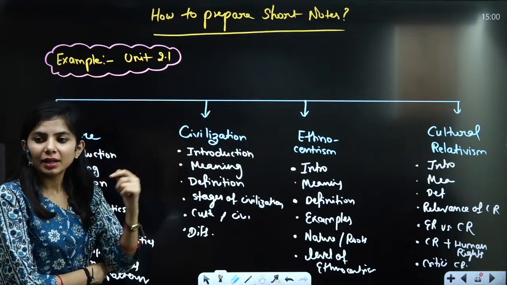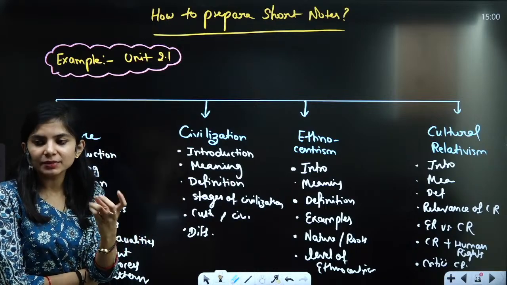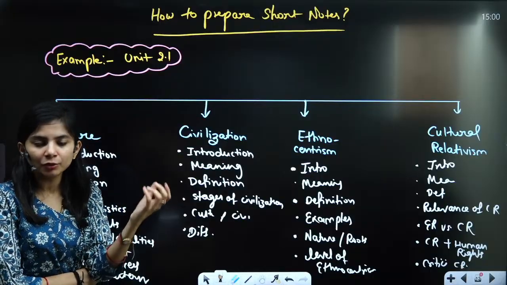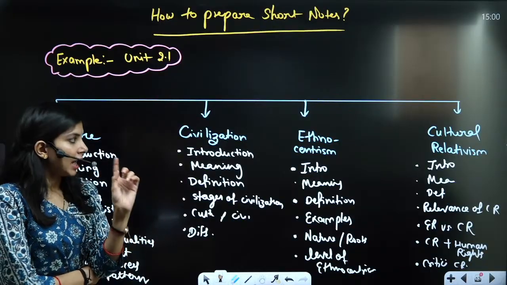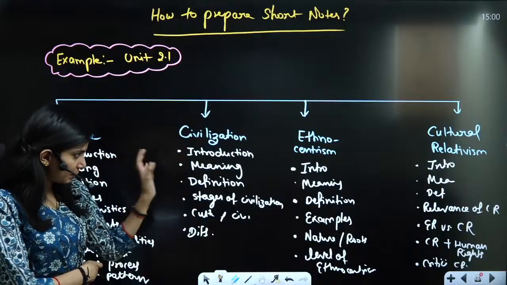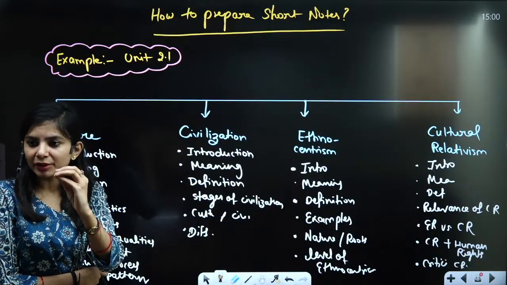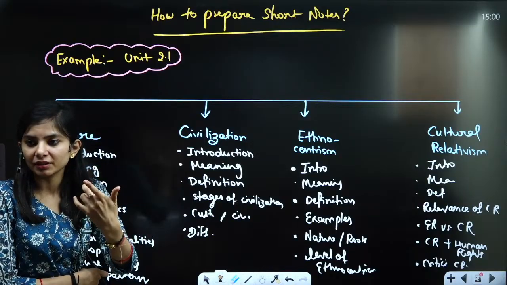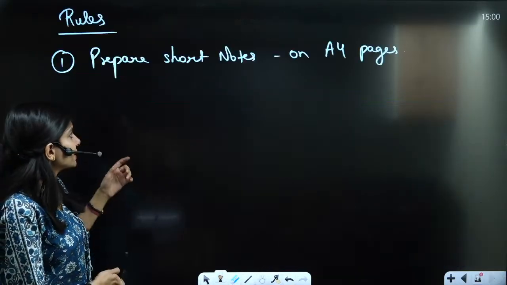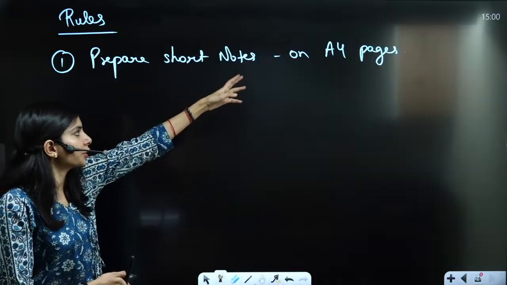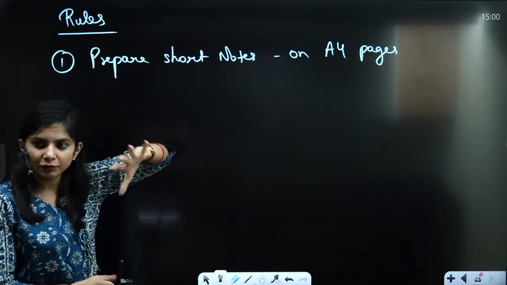In between, the kind of diagrams and examples I'm going to provide you, you need to add on. Every single time you are preparing the notes, just leave some basic space in between so that you can add on value further. And the basic rule I had told you is that you need to prepare it on A4 size paper.